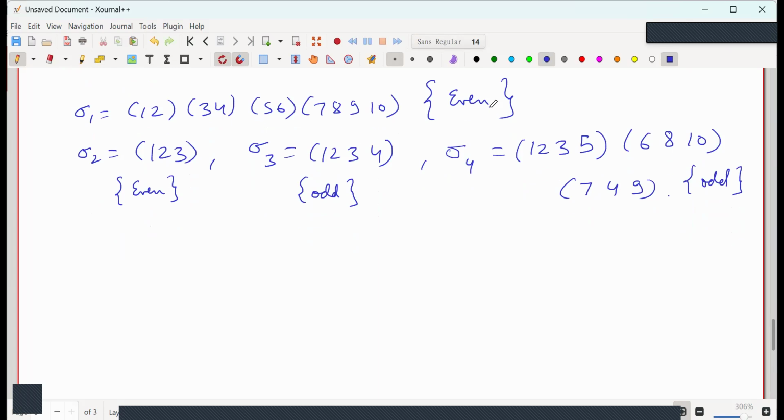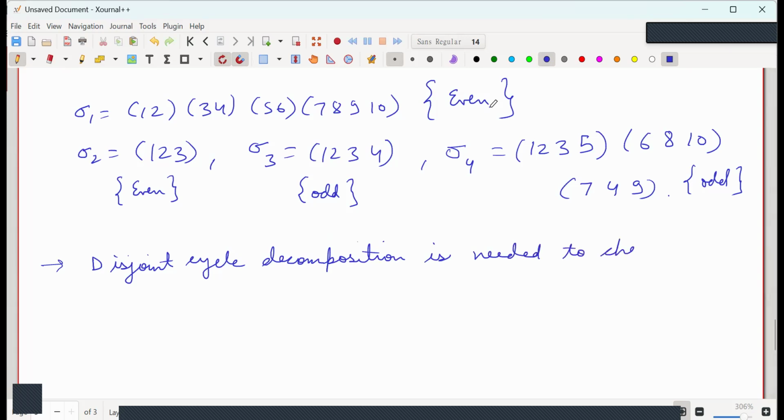There are no two cycles which have a common symbol. Okay, okay. So the point is, disjoint cycle decomposition is needed to check whether a permutation is even or odd.